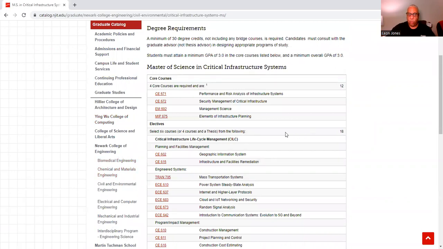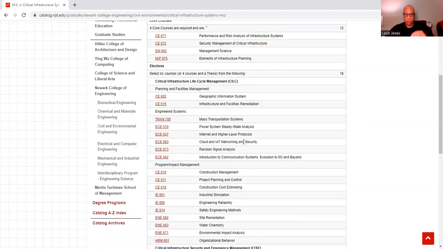Of course, these are the 4 core courses. Now you can go into 2 different areas if you go to the NJIT program. You go into what we call the CILIC, which is the critical infrastructure life cycle management type of program. And this is actually where I went.